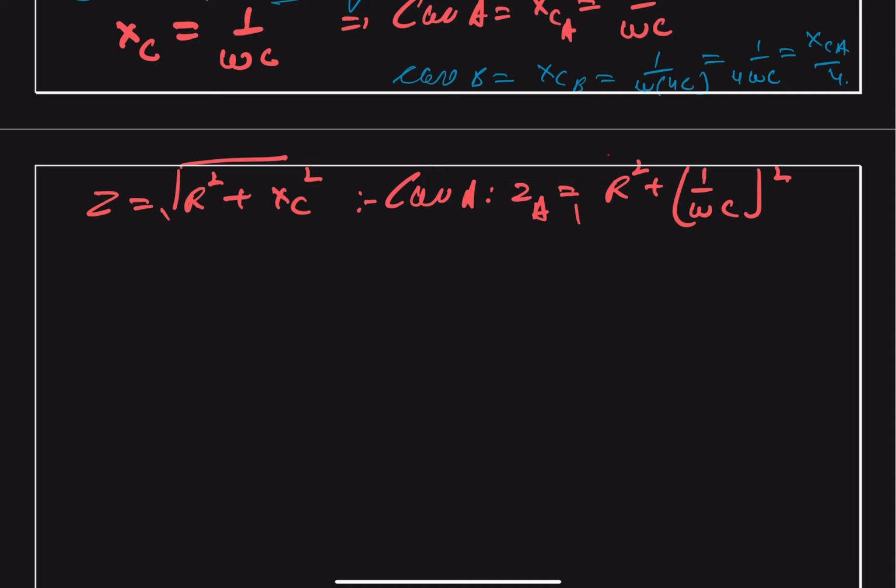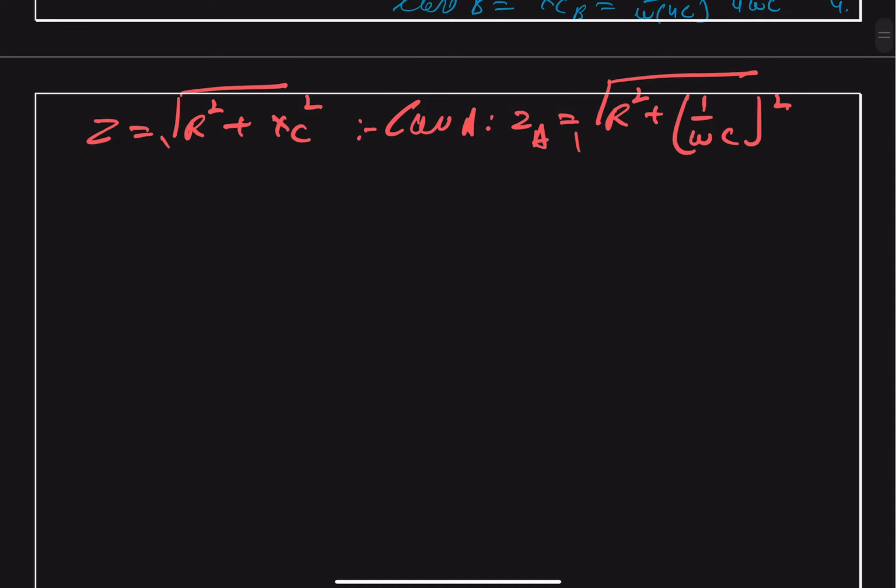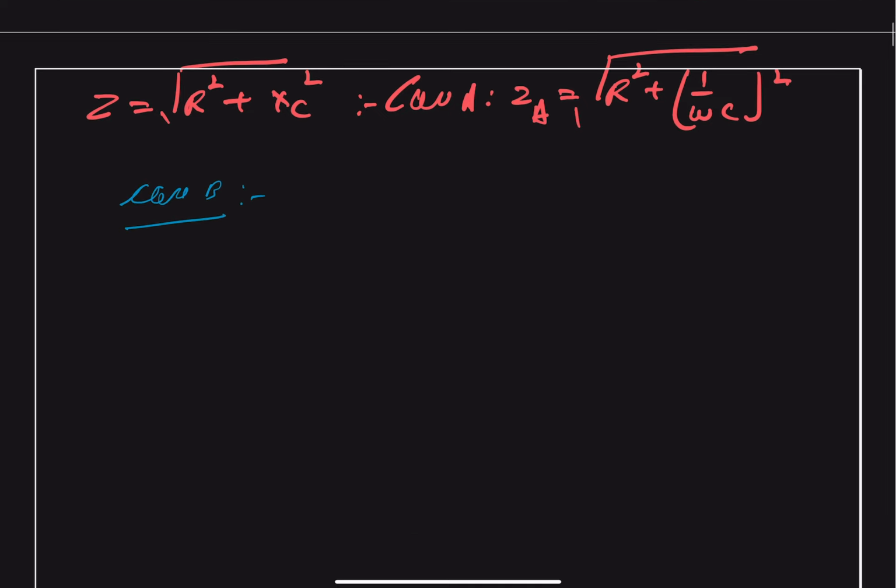And then we have case B: ZB will be equal to the square root of R square plus 1 upon 4 omega C, its whole square. We can just solve it a little bit. We can write it as the square root of R square plus 1 upon 16 omega C whole square.